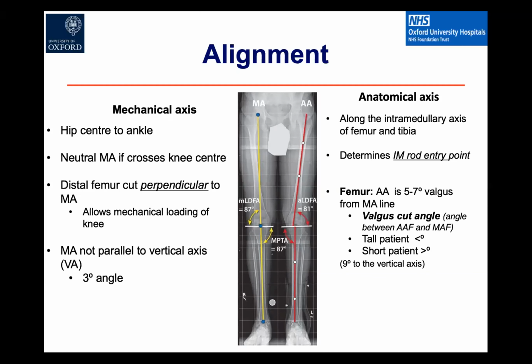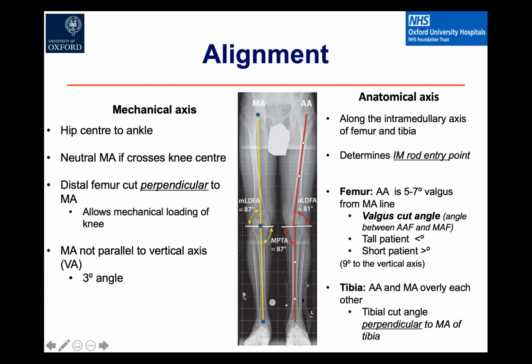And if you're a very short person, this is around 8 or 9 degrees. And then on your tibial side, it's very simple. Your anatomical and mechanical axis essentially overlie each other. And again, this is important in knee replacement because your tibial cut angle has to be perpendicular to the mechanical axis of your tibia, as you can see in the white line here.